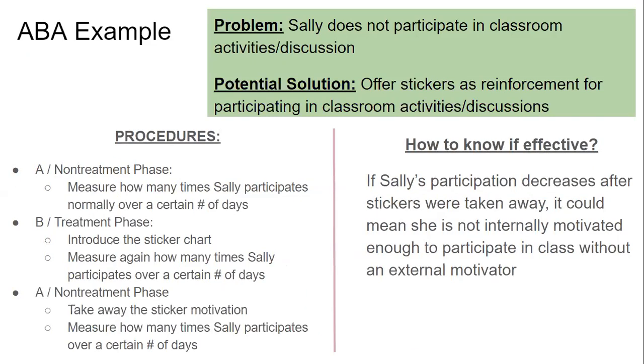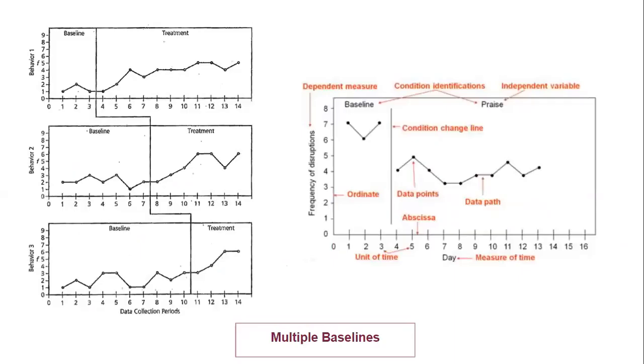An ABA example is the same as AB, except in the second A, you'll take away the sticker motivation and then continue measuring how many times Sally participates over a certain number of days. So you're continuously collecting data over every single phase. If Sally's participation decreases after the stickers are taken away, it could mean she's not internally motivated enough without the external motivator, aka the stickers.